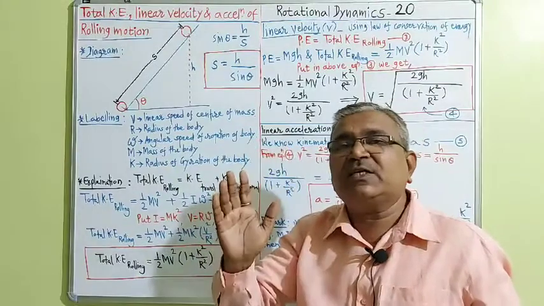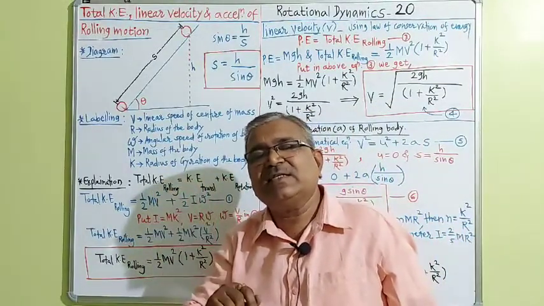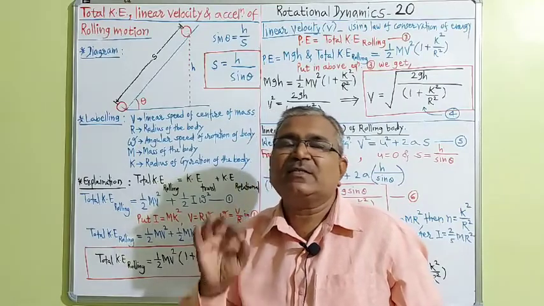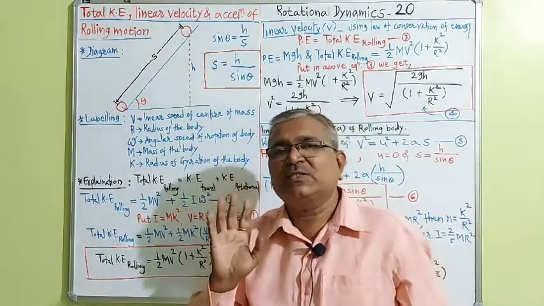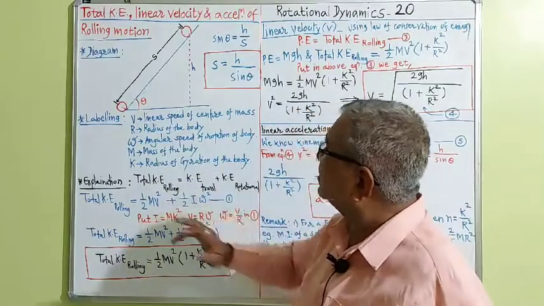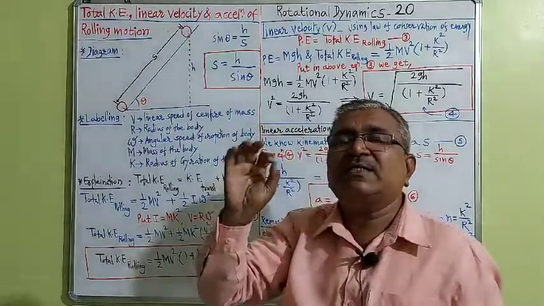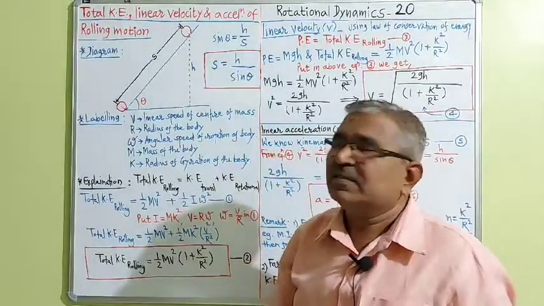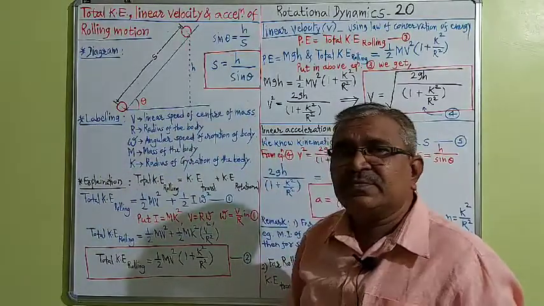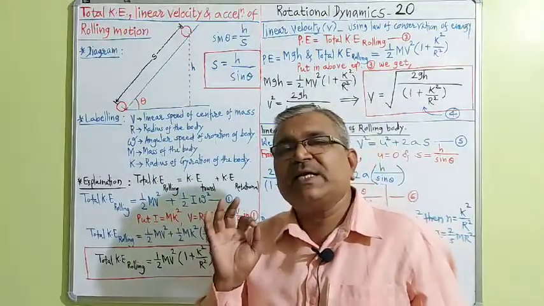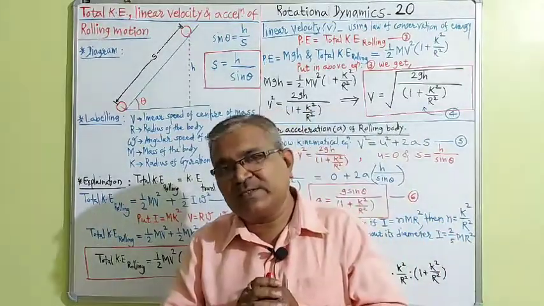So rotational kinetic energy plus translational kinetic energy gives the kinetic energy of the rolling body or rolling motion. That is the most important thing. Suppose R is the radius of the body, omega is the angular velocity, capital M is the mass of the body, and we know capital K is nothing but the radius of gyration of the body.